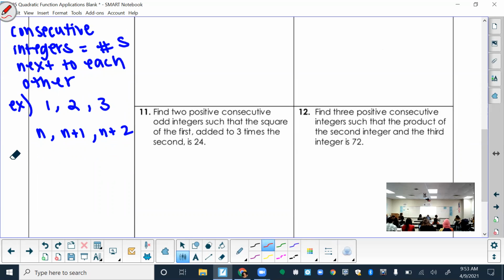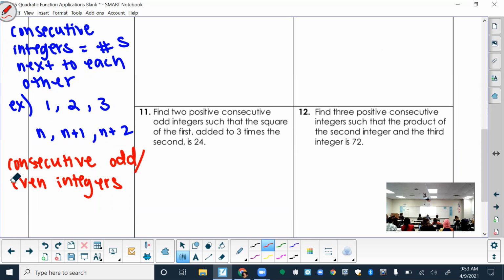We also have consecutive odd or even integers. All right, those are a little bit different. Anyone know an example of consecutive odd or even integers? 2, 4, 6, 8.